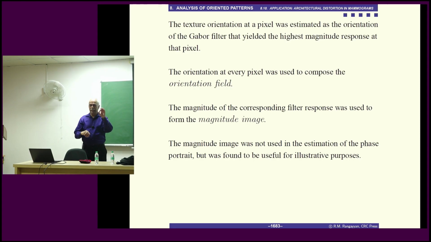So you form a magnitude response image and an angle response image for every pixel in the given image. So there is a magnitude response and the orientation field. Or the orientation field is a combination of the magnitude and angle at every pixel.